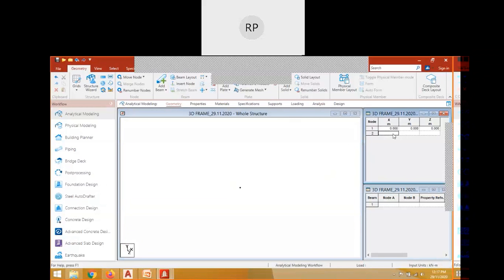So if you want to create a node below this node, you have to put Y as negative. If you want to create a node above this node, then Y must be positive. Coordinates mean you have to think about the sign also, positive or negative.